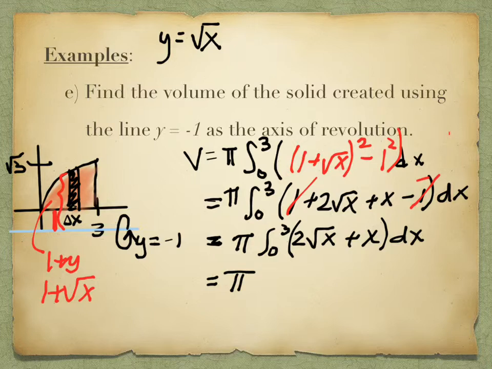All right, so what's the antiderivative of 2 square roots of x? Well, it has a 2 in it now. Six over 2 to the x to the 2/3.